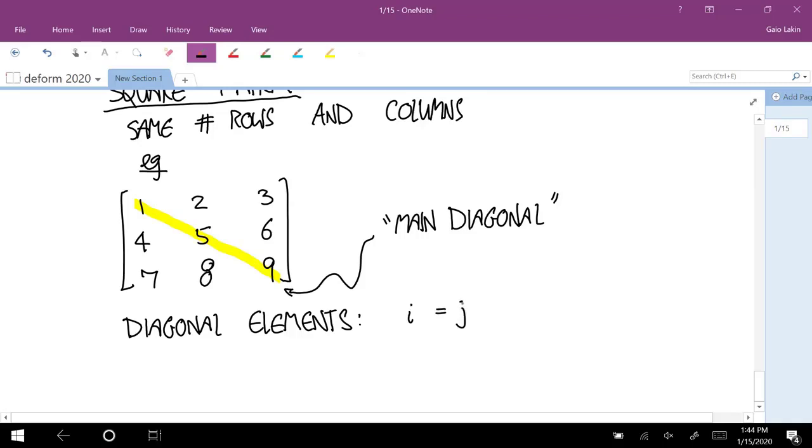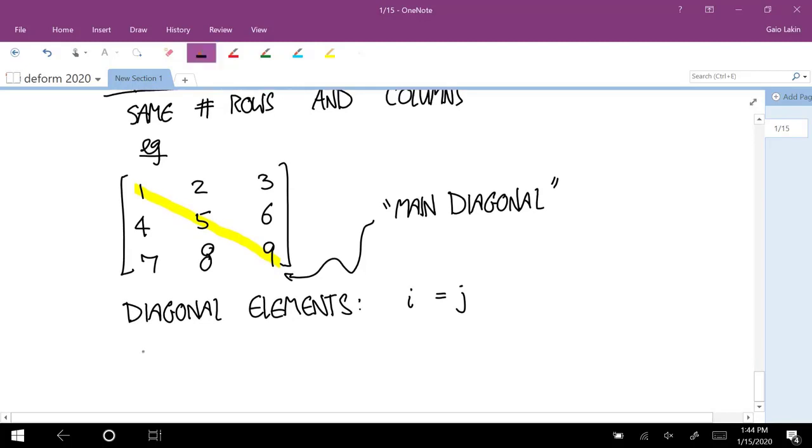When you're talking about the element values, these three elements are the 1,1 element, the 2,2 element, and the 3,3 element. The other things are just called the off-diagonal elements, and those are all the ones where i is not equal to j.